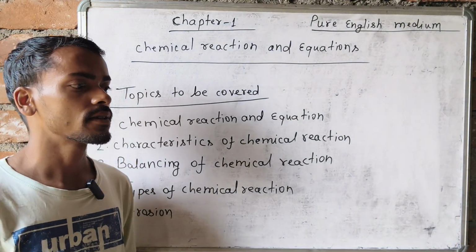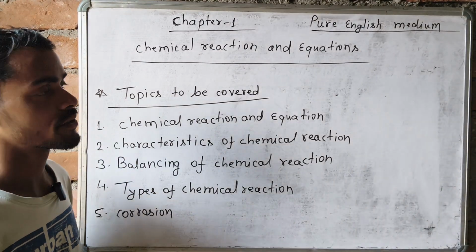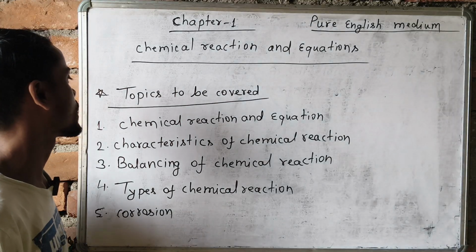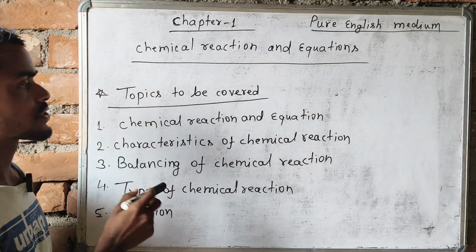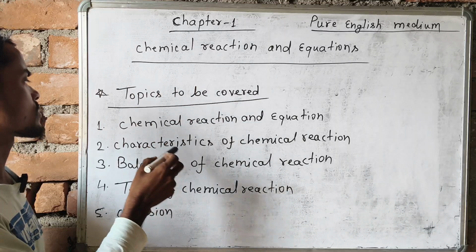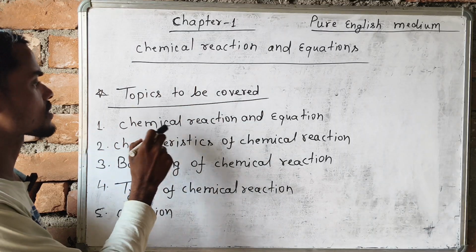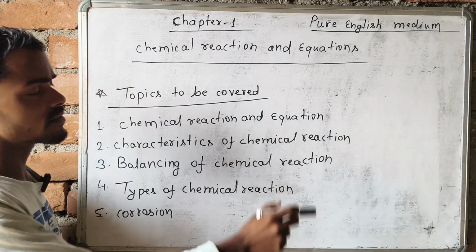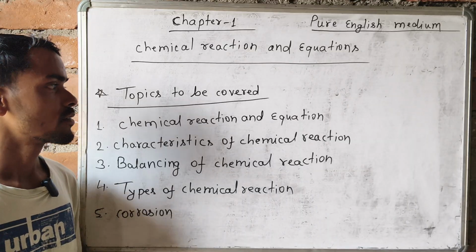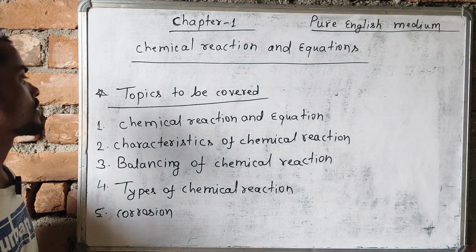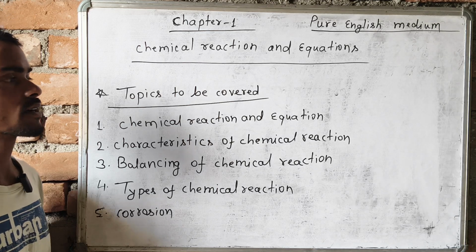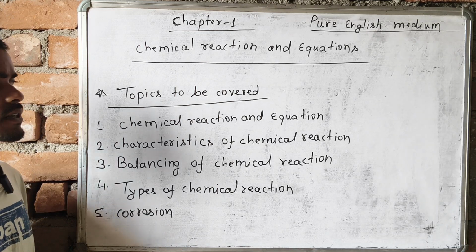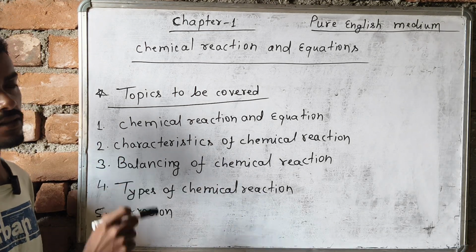Now, without delaying, let's jump into the chapter. First of all, we will discuss the topic of chemical reaction as well as equation. What is a chemical reaction and equation? What are the chemical reaction as well as equation?